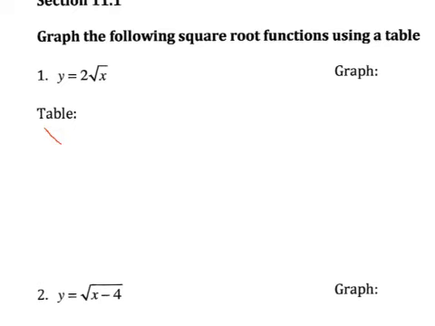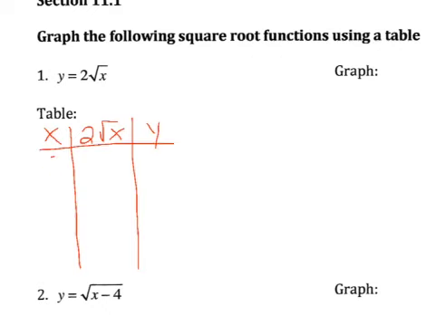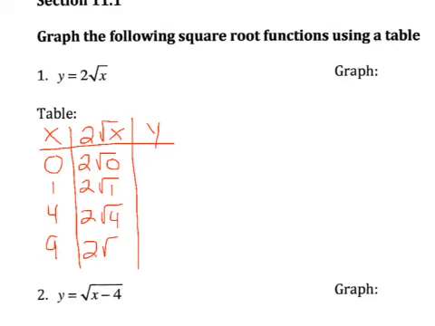So when we make our table, we want to plug in the numbers 0, 1, 4, and 9. Remember that you want to take the square root of the number first and then multiply it by 2.